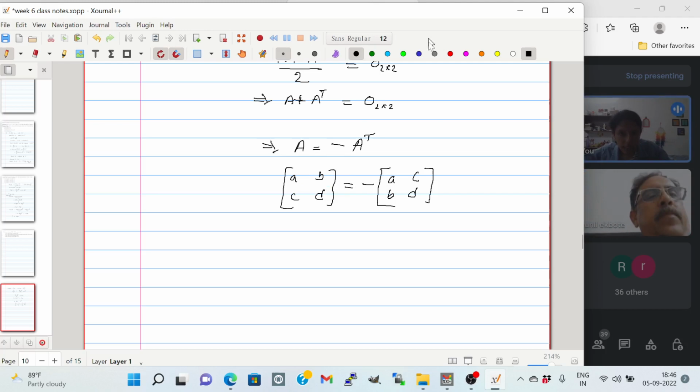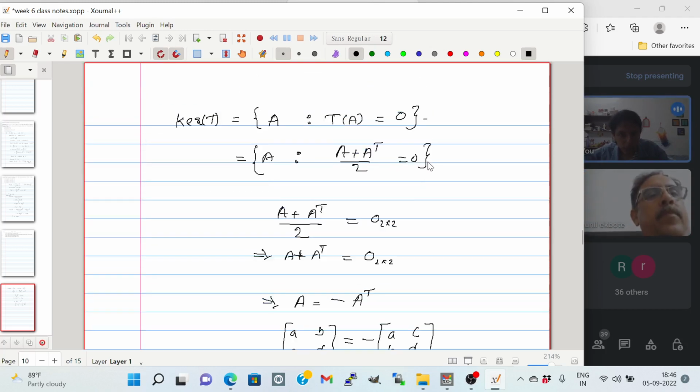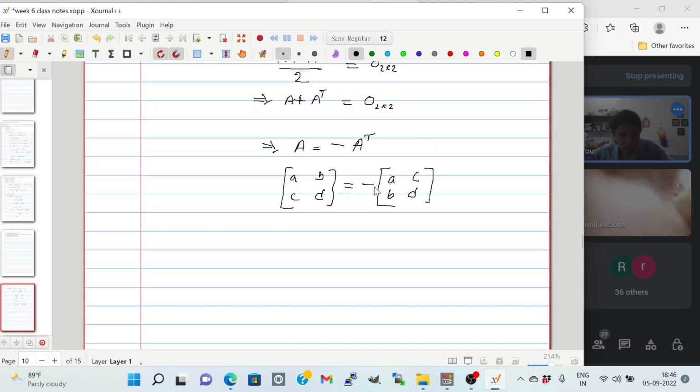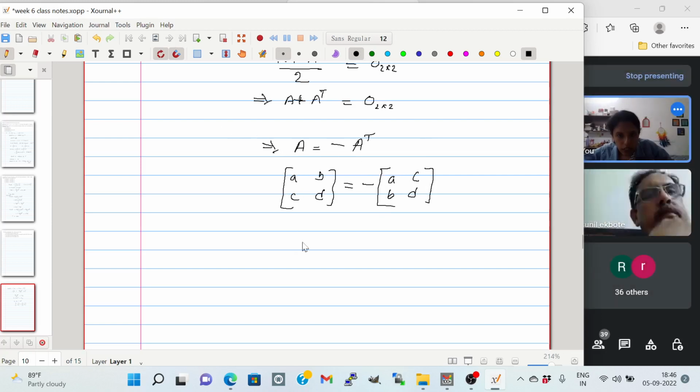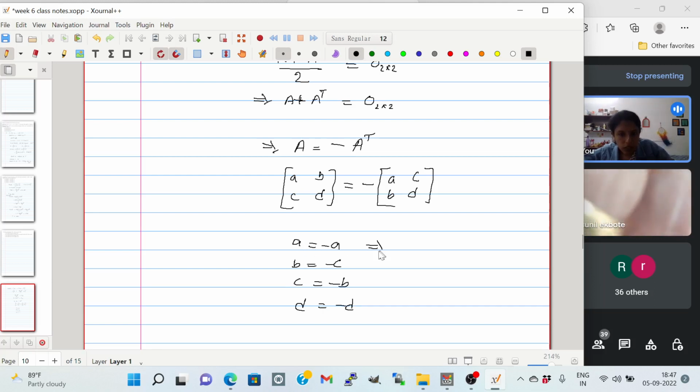So this condition is the same as equating entries: A should equal minus A, B should equal minus C, C should equal minus B, and D should equal minus D. A equal to minus A means the only possibility is A is 0, and likewise D is 0. So the only two conditions we have are B equal to minus C and C equal to minus B, which are actually the same condition.